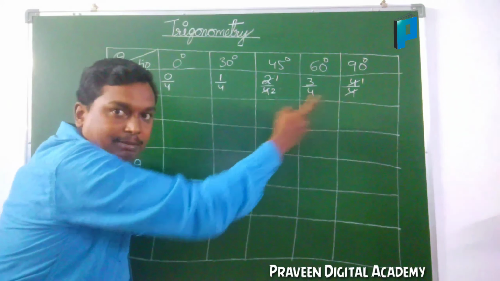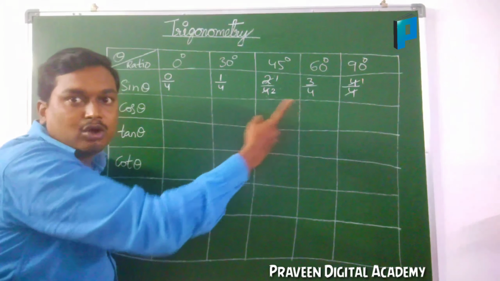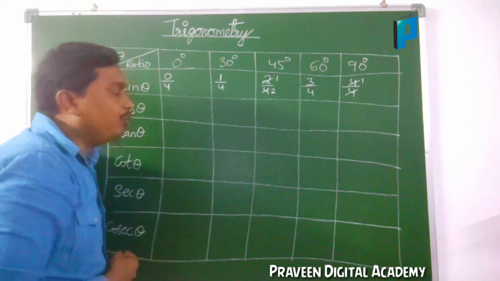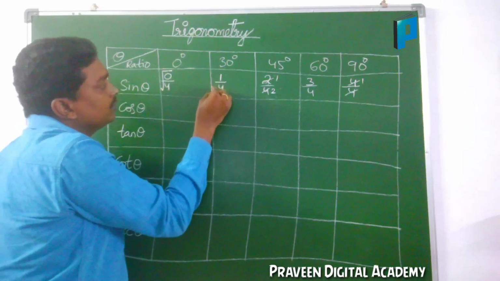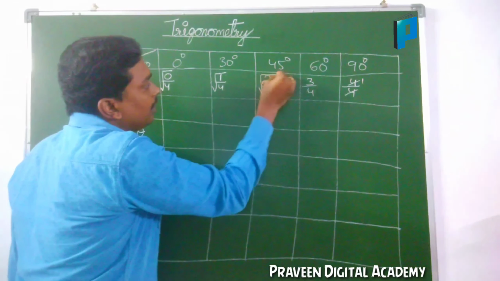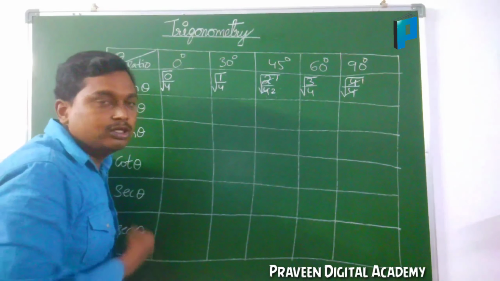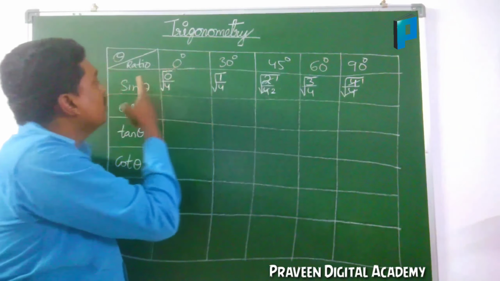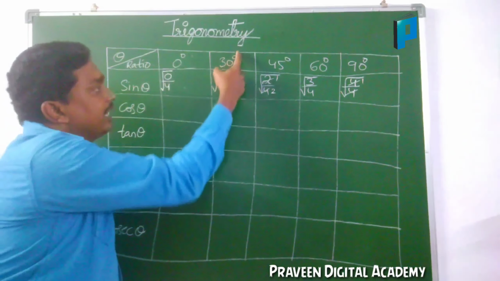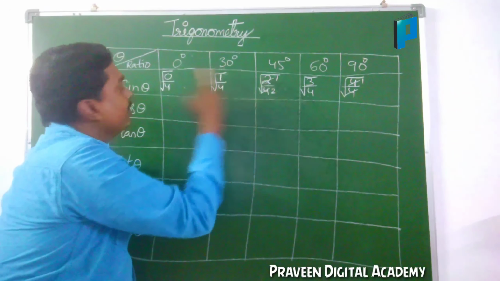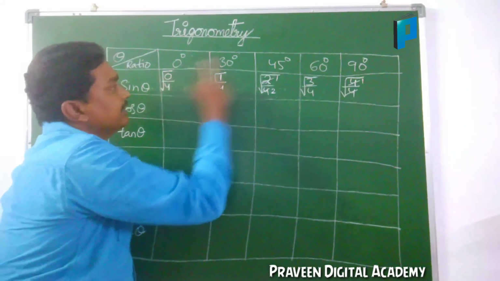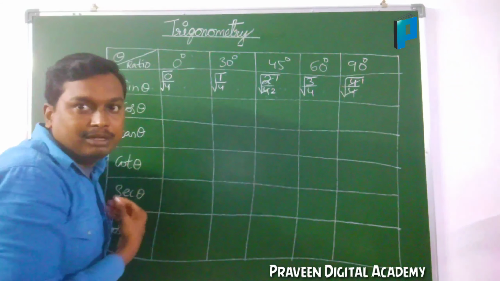Now we will keep under root for all the values. We will get the values of sine 0, sine 30, sine 45, sine 60, sine 90 from this.